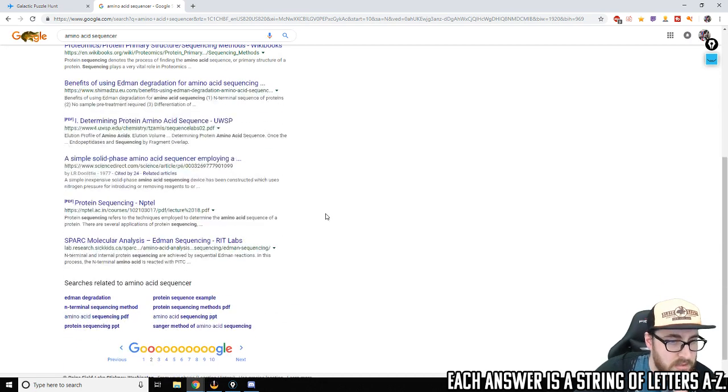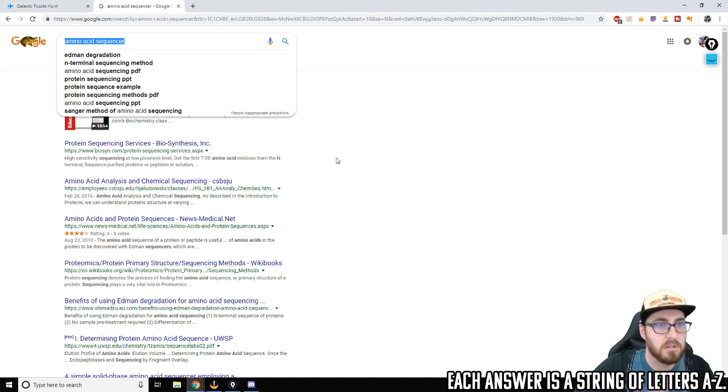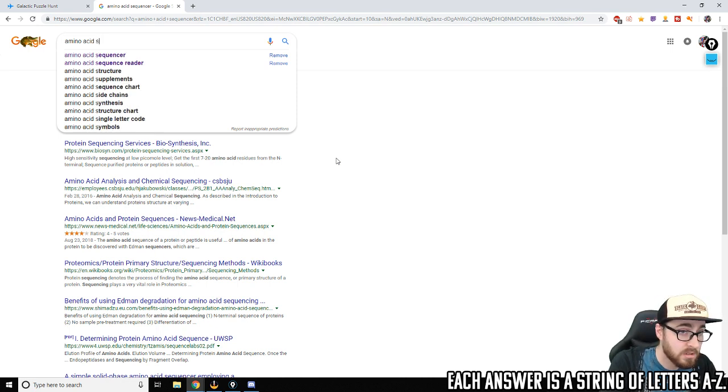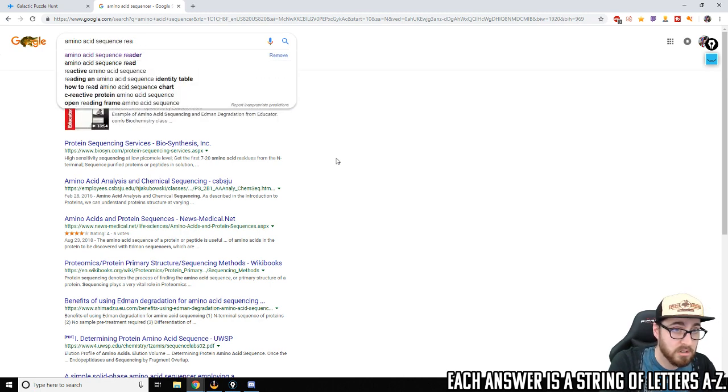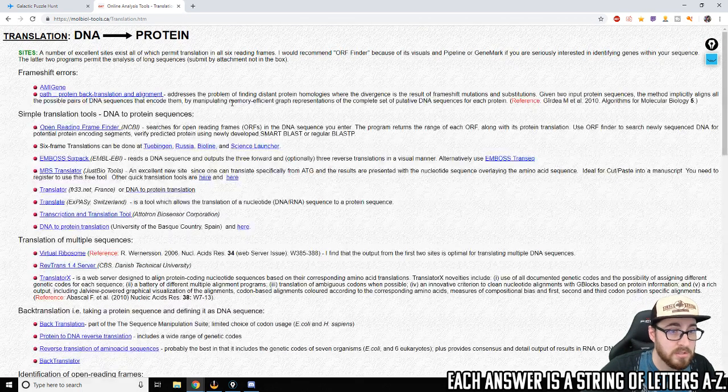Protein sequencing. How come we need an amino acid? Like an online reader? Sequence reader. Online analysis tool.